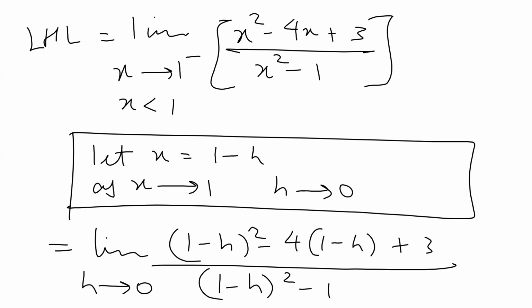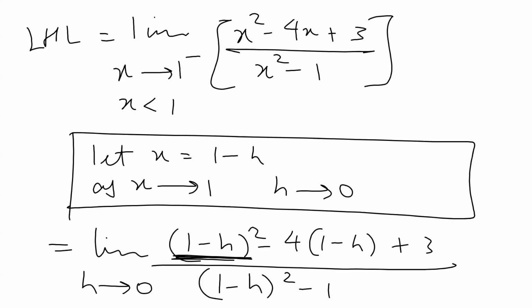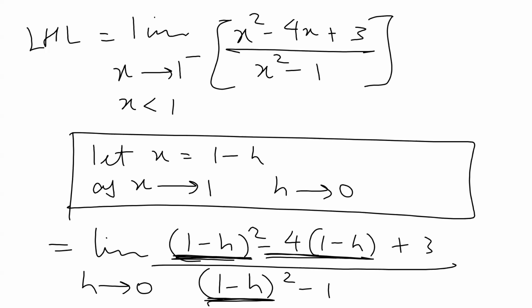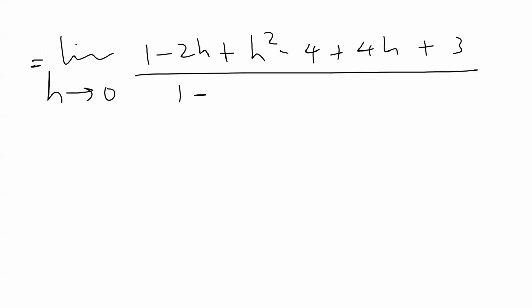Fine. So we are going to simplify this. (1 minus h) the whole square is 1 minus 2h plus h square, by the expansion of (a minus b) the whole square, minus 4 plus 4h plus 3, upon 1 minus 2h plus h square minus 1.